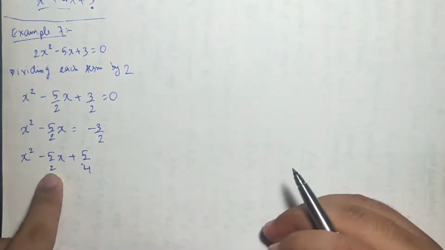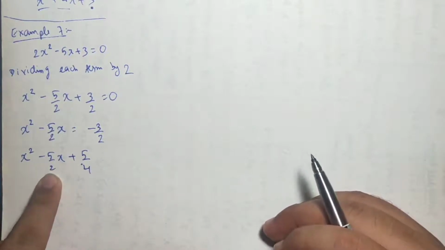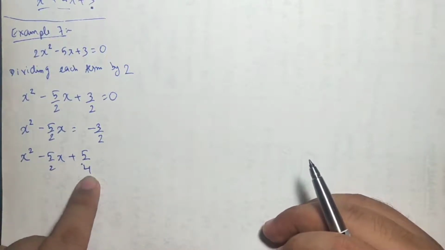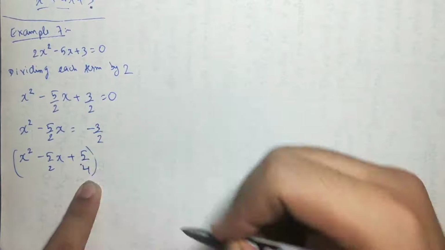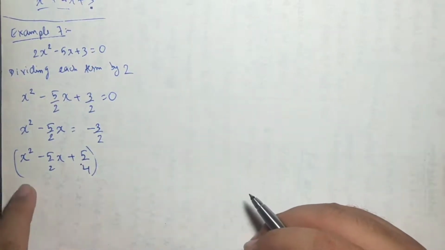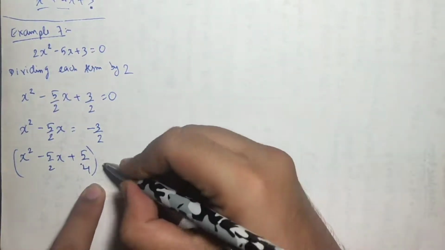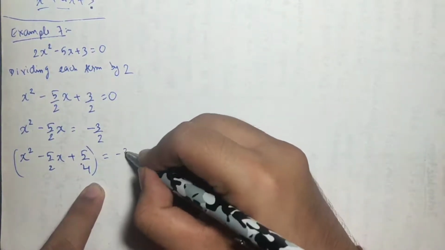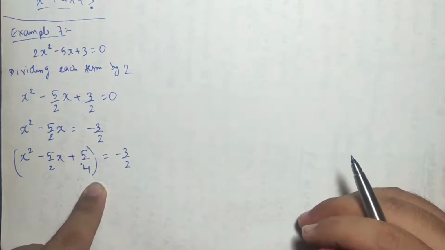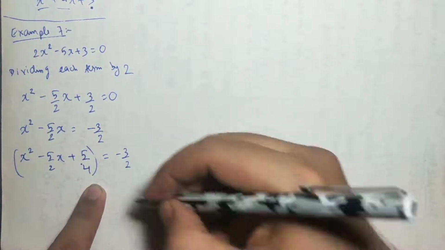Whatever may be the coefficient of x, divided by 2, means multiply the denominator by 2, and keep a bracket over here so that you may understand this is my perfect square, is equals to minus 3 by 2.